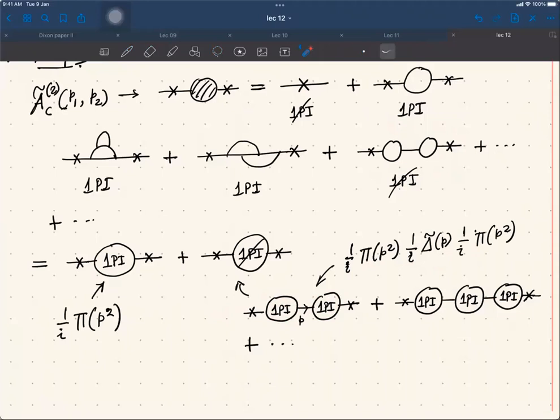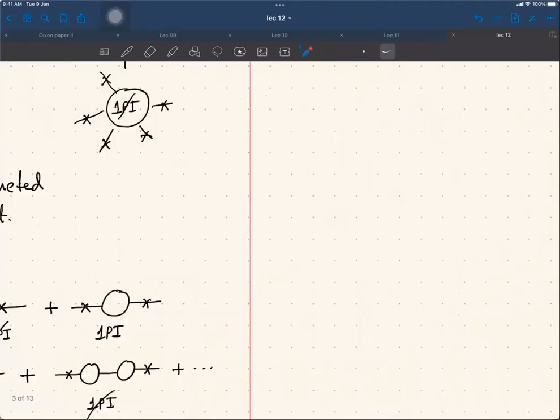So let us calculate the connected Green's function.